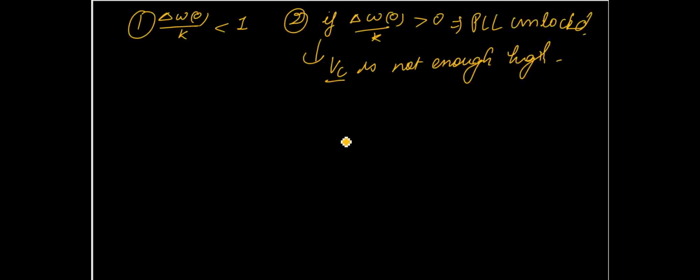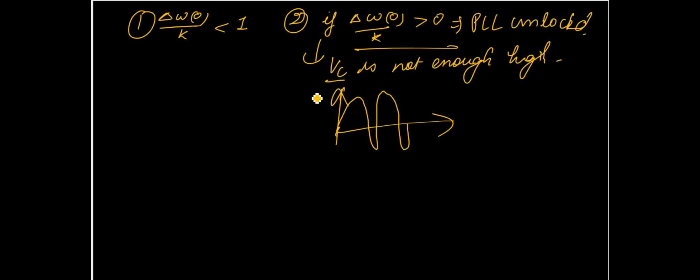Also, we found that because of high frequency error, the phase error is not linear. Somewhere it is fast, somewhere it is slow. We got the V error somewhat like this, which is asymmetric, and it has a DC value. Since it has a DC value and we want to increase VC, we have to amplify this DC value.